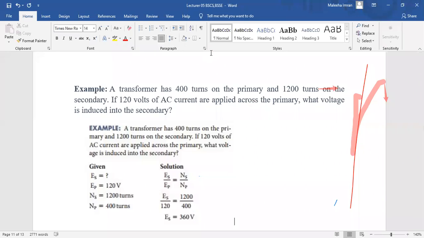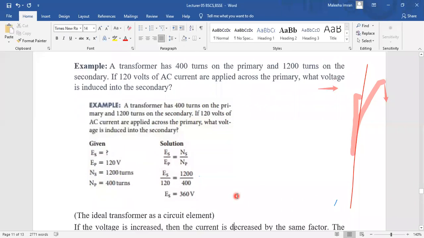So you can determine the secondary voltage here.